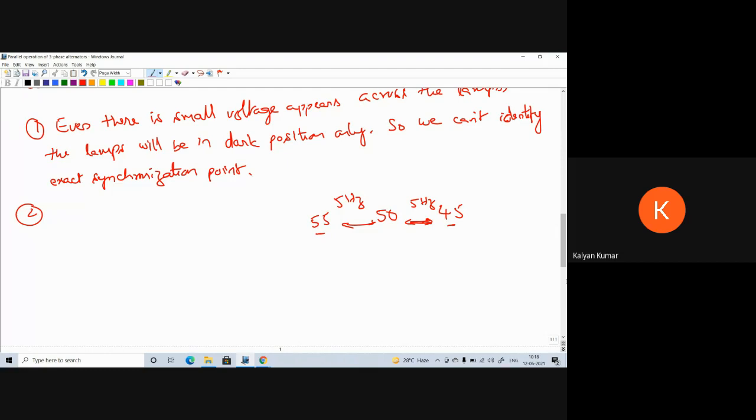So the rate of flickering of the lamps will be same. So we cannot identify whether the incoming alternator is running fastly or slowly. So that is another drawback.